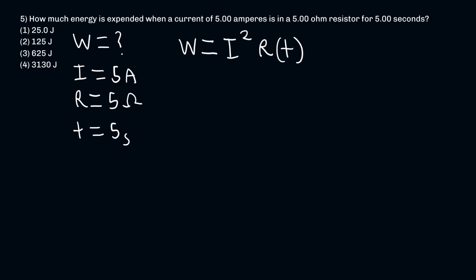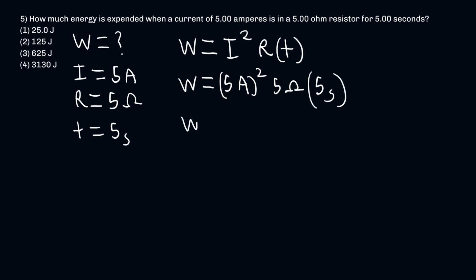So now you just gotta plug in what you have here. So work is equal to my current, 5 amperes squared, my resistance is 5 ohms, and then my time is 5 seconds.